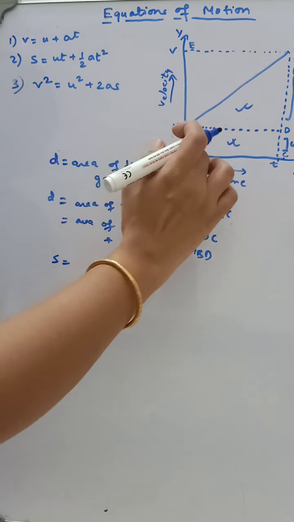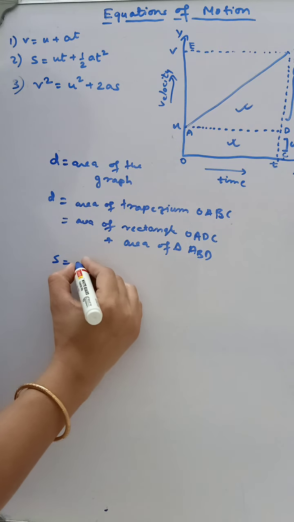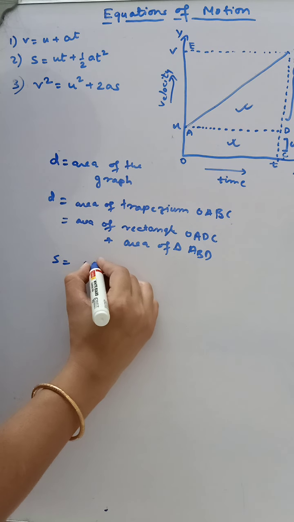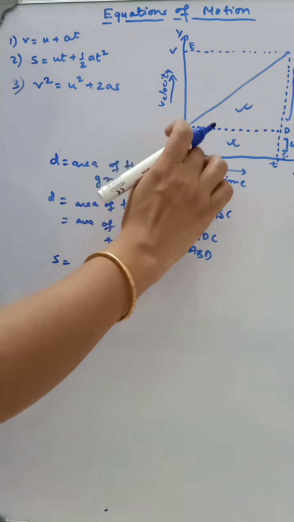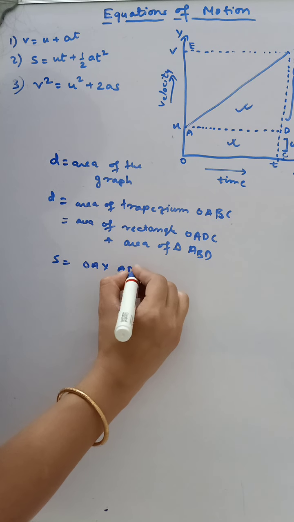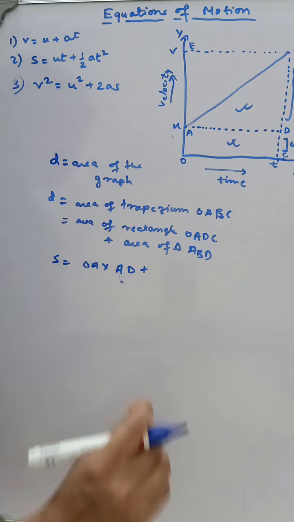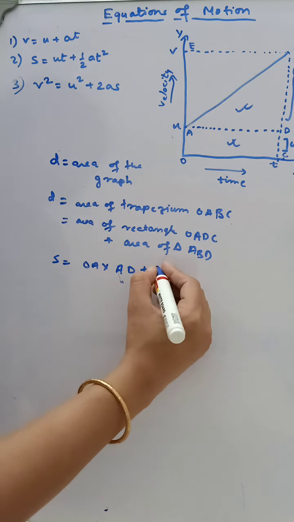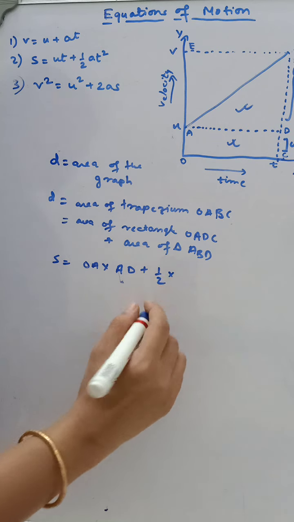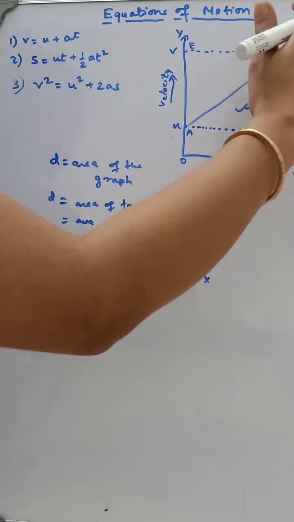The area of the rectangle OADC is length into breadth, OA into AD, plus the area of the triangle, that is half into base AD into height BD.